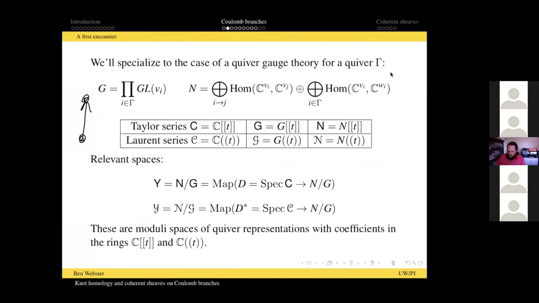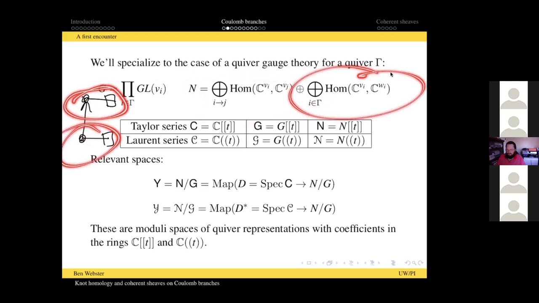The gauge groups are associated to the nodes, and then the components of N are, well, this one corresponds to arrows, and then the other one, these guys correspond to some framing vertices, which shows up in Nakajima's story as well.